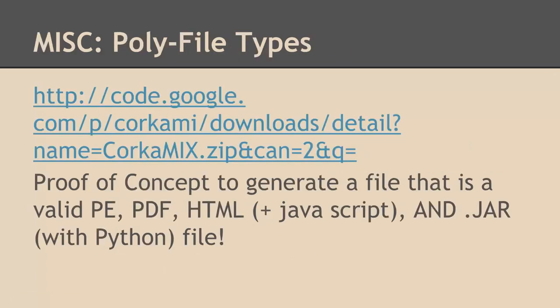This is another thing that I've suggested over the years, but I haven't seen any fruit in fuzzing it. Having a file that is recognized as multiple files validly. The following proof of concept is a valid portable executable, PDF, HTML plus working JavaScript, and a jar with a Python file embedded in it, which is pretty interesting.